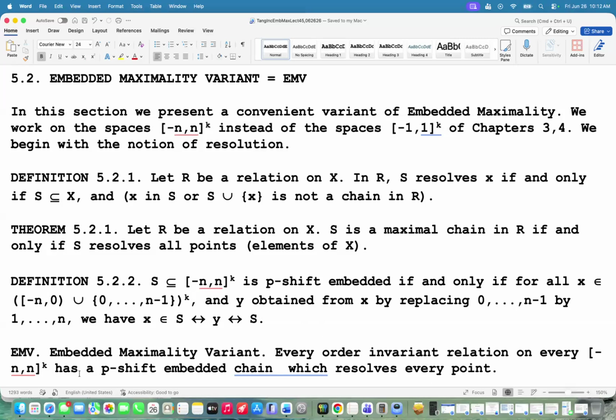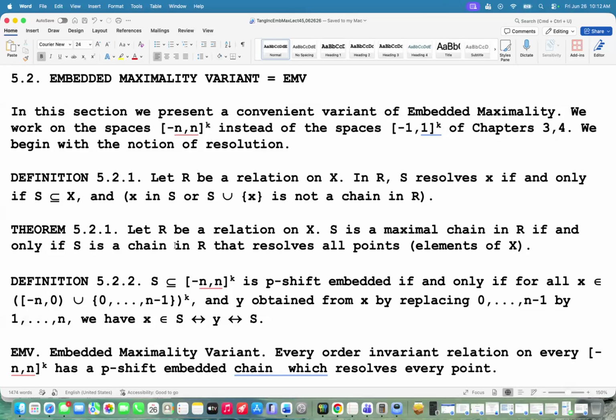If and only if S is a chain that resolves all points. And since I'm just stating everything elementarily, maybe I should say that. But yeah, that's what I meant to say. So your maximal chain is your chain that resolves all points, it's a very natural idea.